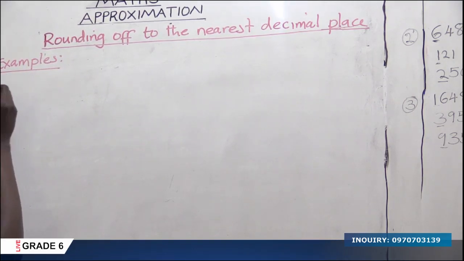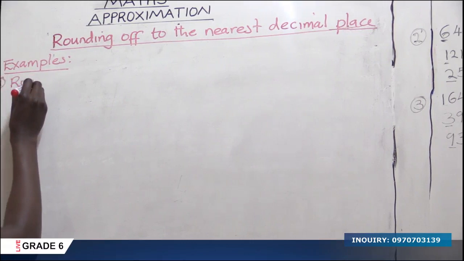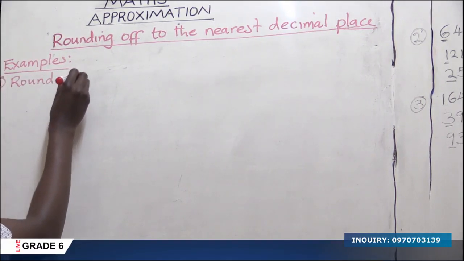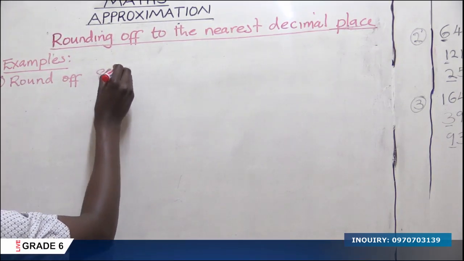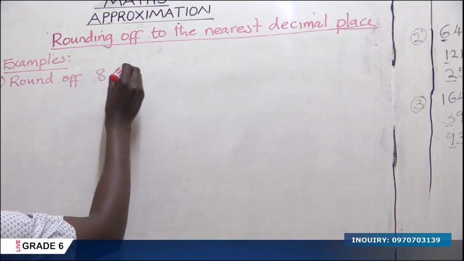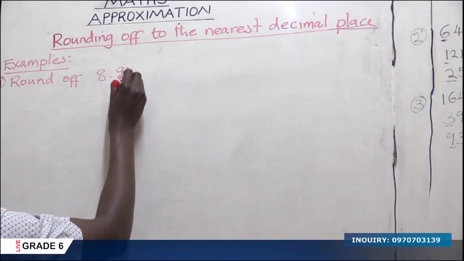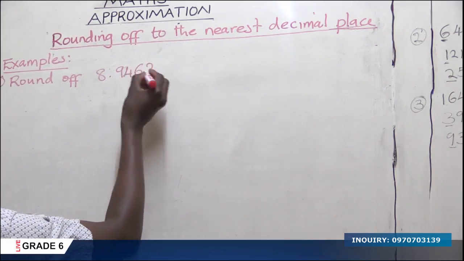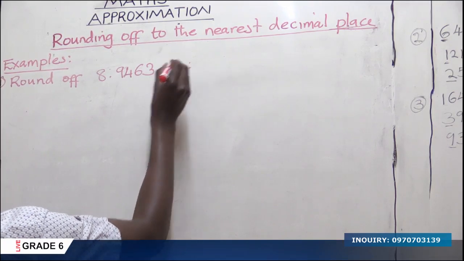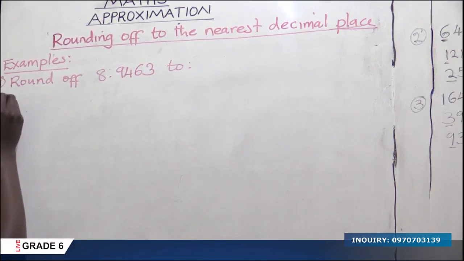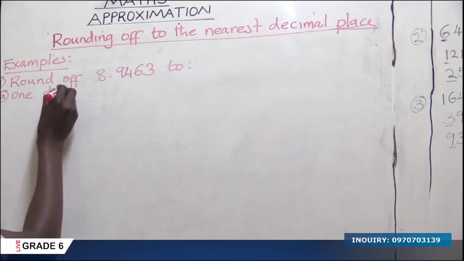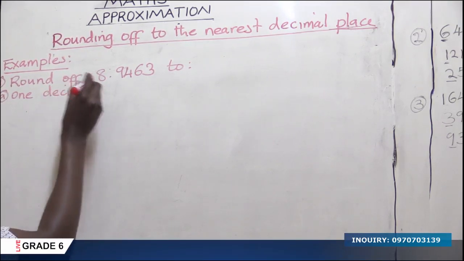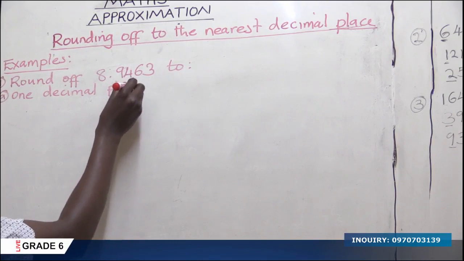Number 1, round off 8.9463 to a, 1 decimal place.